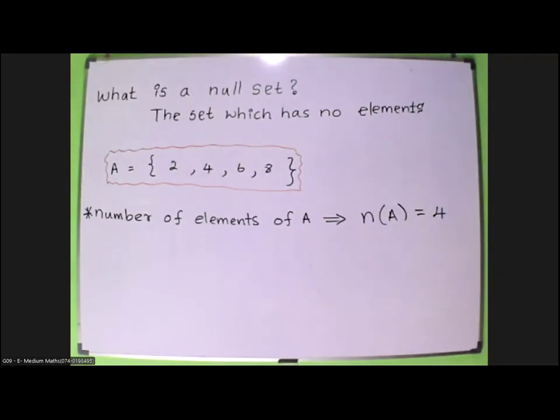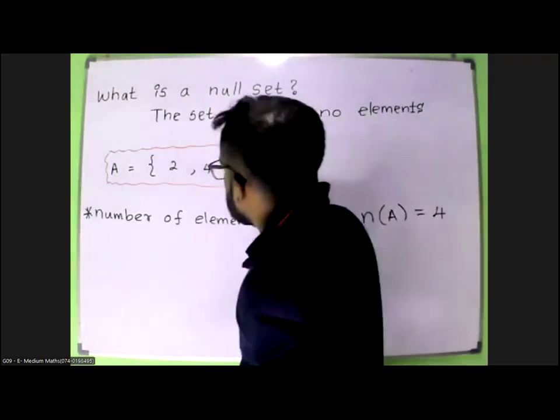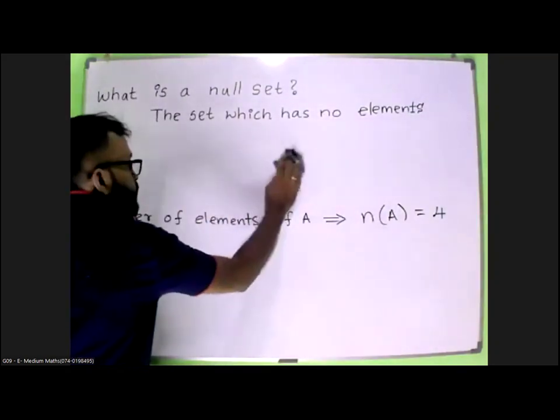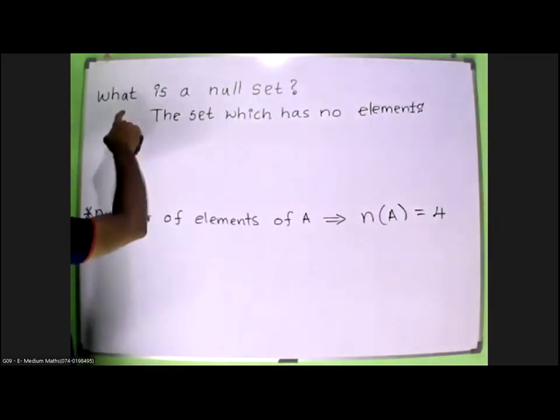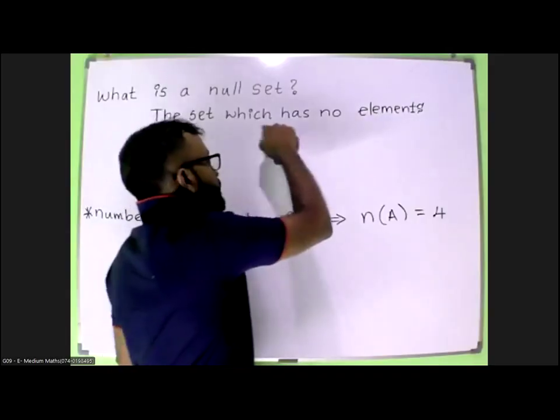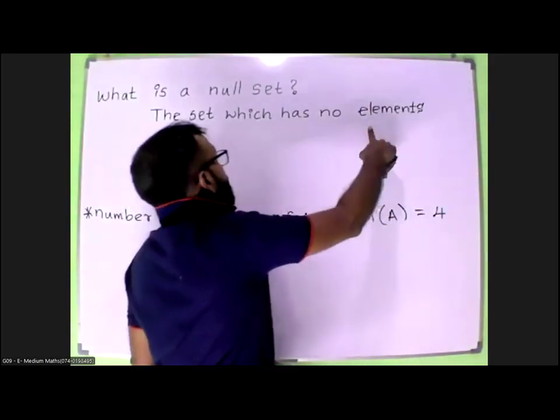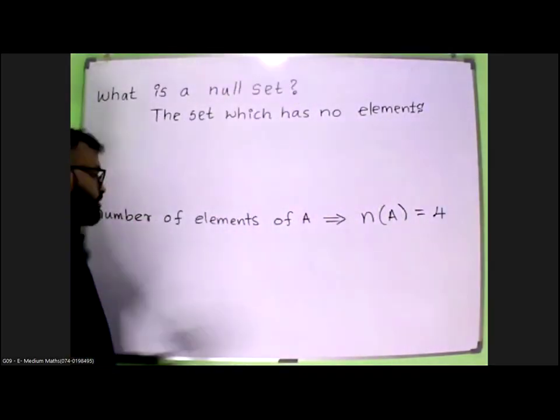How do you denote a null set? There are a few mathematical ways to denote the null set. What is the null set? The set which has no element is called a null set.